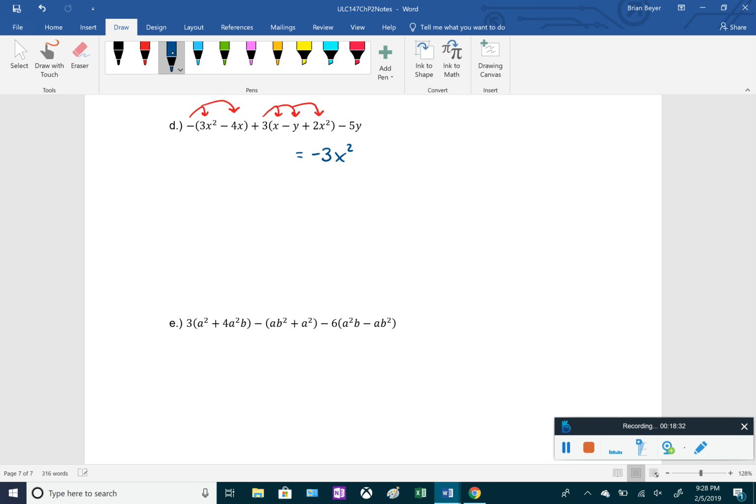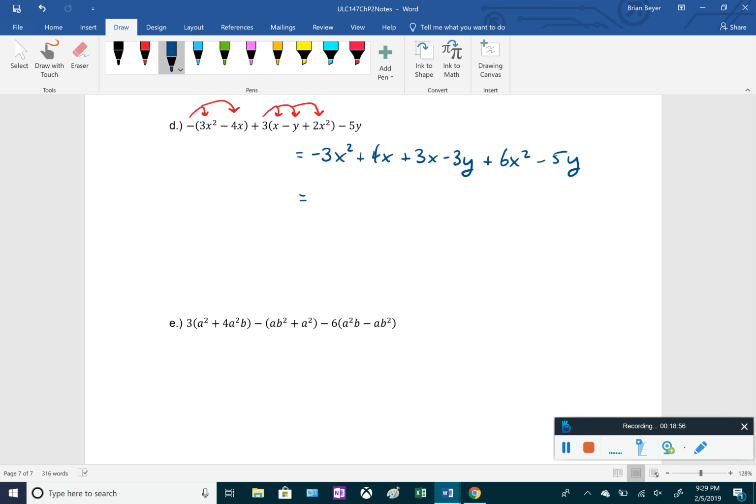So negative 3x squared plus 4x. Distributing the 3 becomes plus 3x minus 3y. Plus 3 times 2x squared is 6x squared. Minus that 5y.